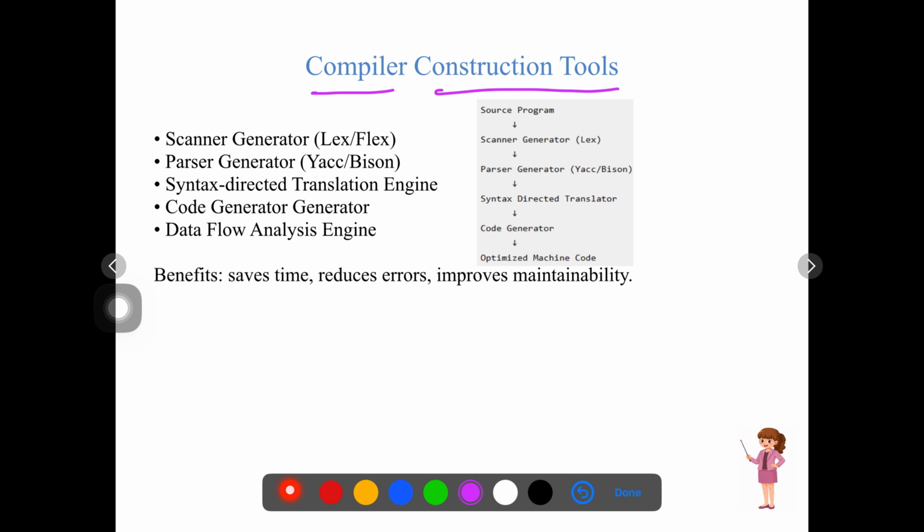Compiler construction tools. Compiler construction tools are software tools that help build a compiler efficiently. Examples include Lex, the scanner generator, which builds the lexical analyzer automatically. Yacc, the parser generator, builds the syntax analyzer.